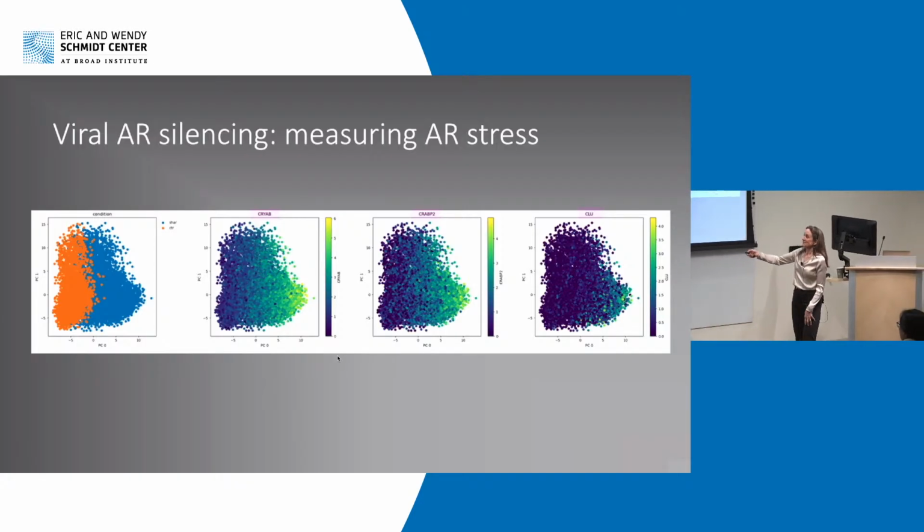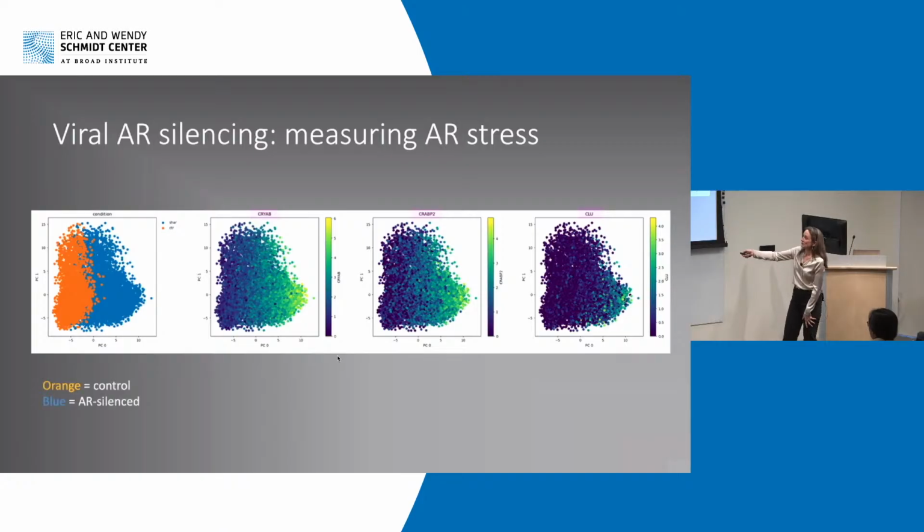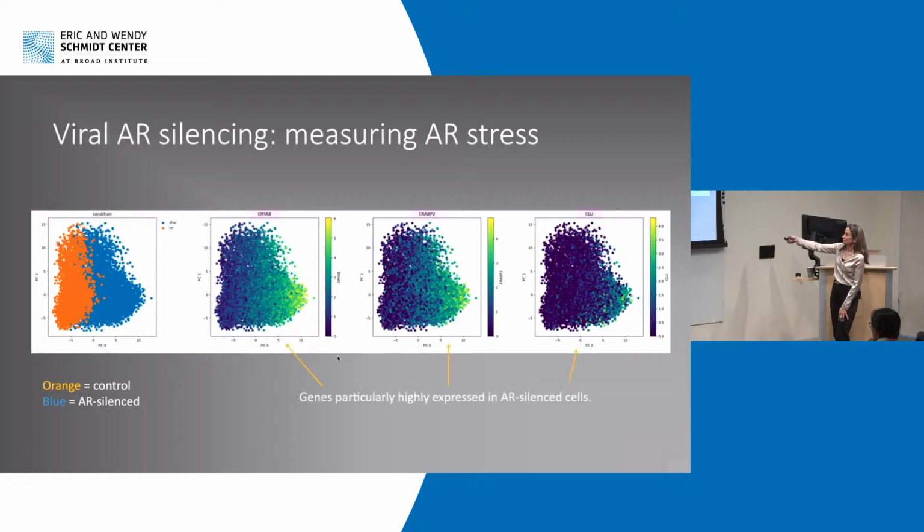Again, orange is the control and blue is the AR silence, and there are certain genes that are much more highly expressed in the blue than in the red. We see examples here of three genes that are particularly highly expressed, coming from this light color, in the cells that are AR silenced. So there's something very special going on with these genes in these androgen silenced cases.